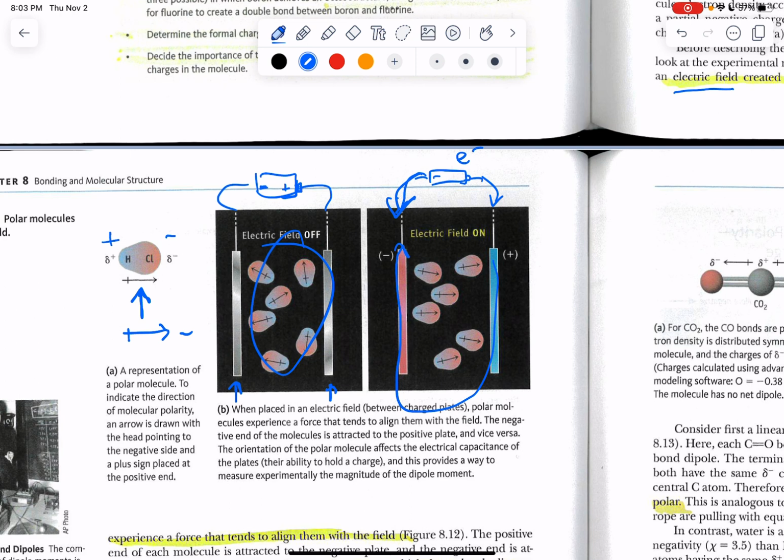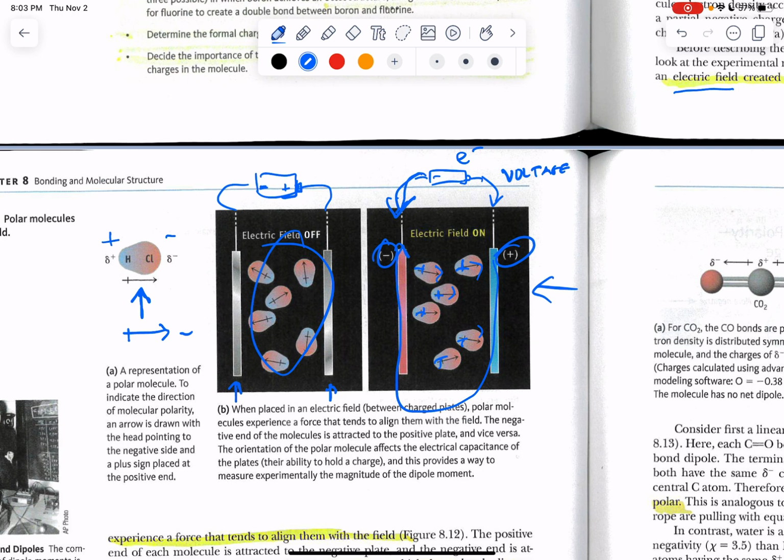Now when we come over to the second picture, you will notice that all the positive sides of the molecules are attracted to the negative metal plate, and all the negative sides of each molecule, represented here in red, are attracted to the positive metal plate. And so by varying the voltage, we would have a potentiometer in here, some way of regulating the voltage.